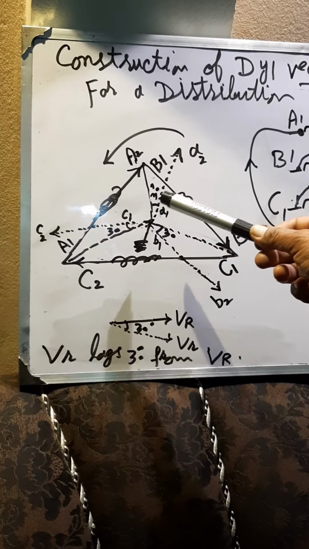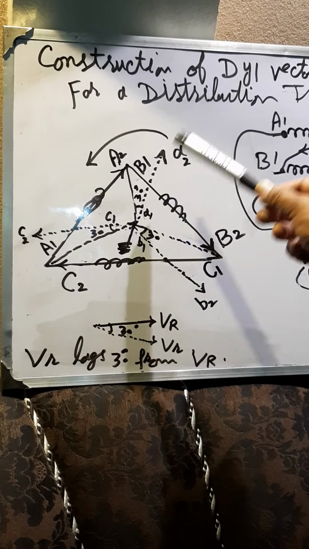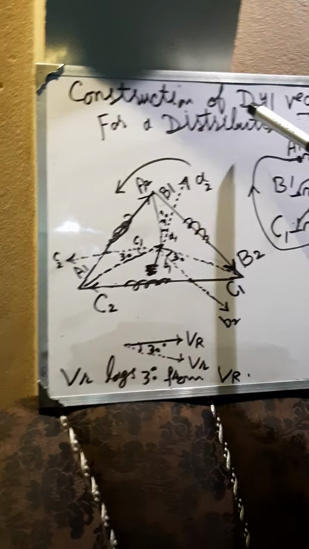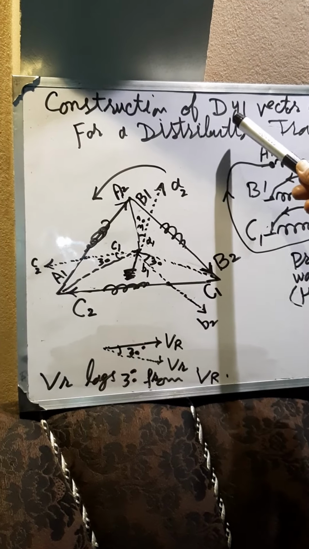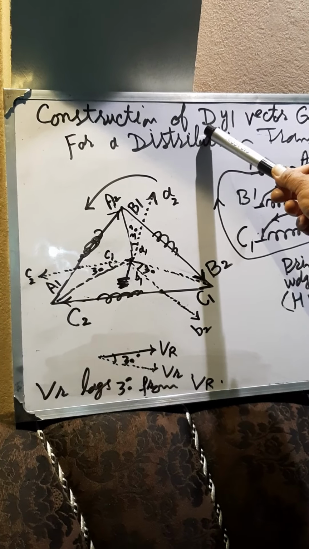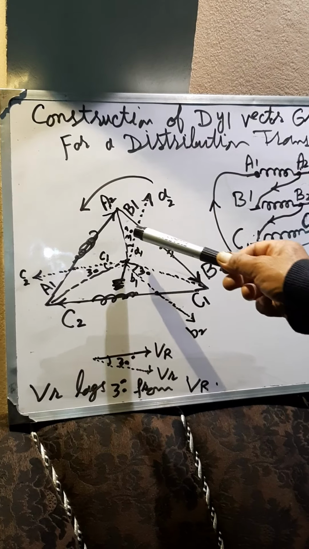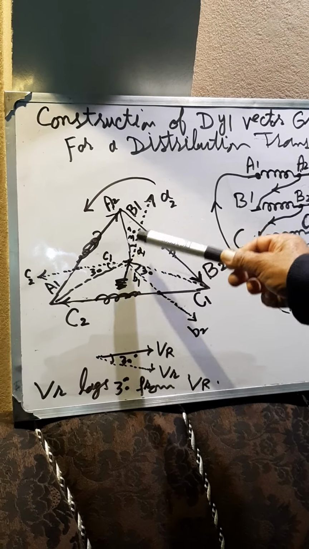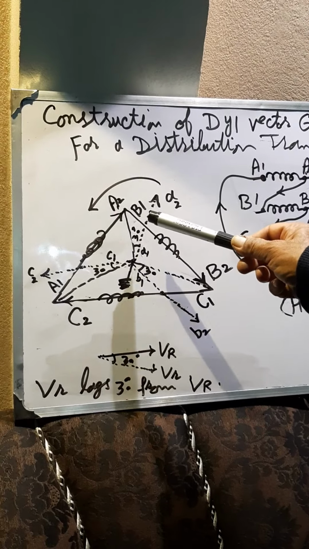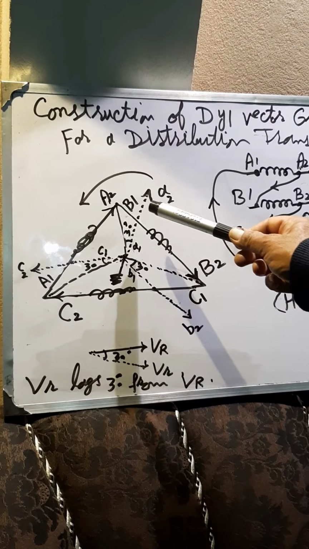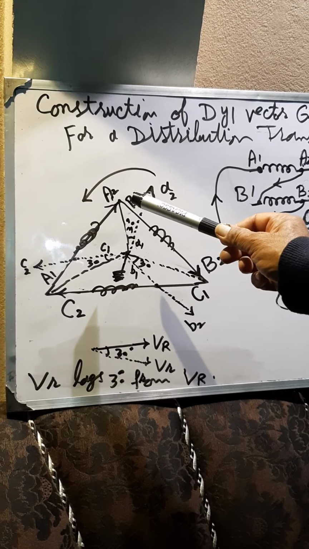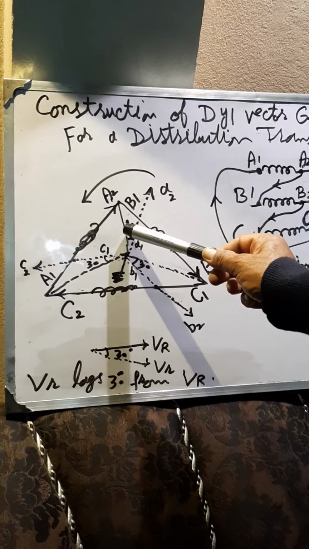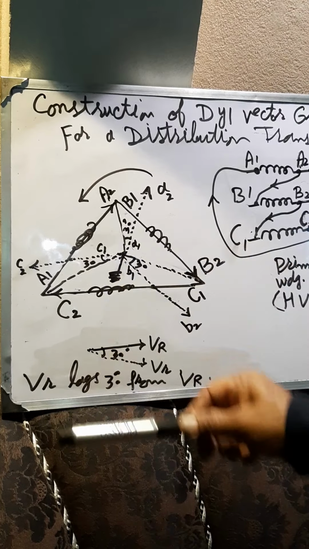Now you can see that, as Dy1 shows, the secondary winding vector lags the primary winding vector by 30 degrees. So a1 a2 is the secondary vector of red phase, lagging 30 degrees from primary.